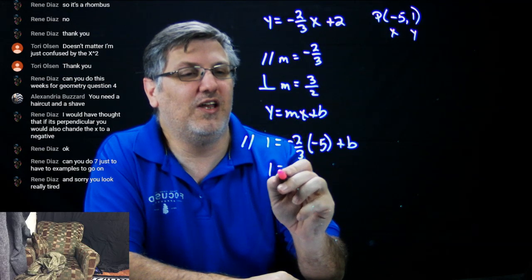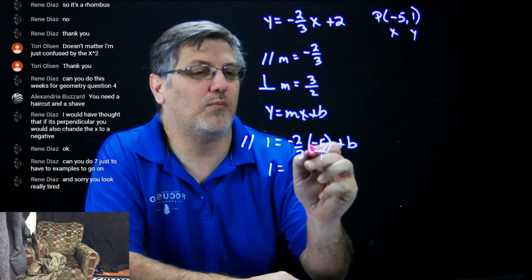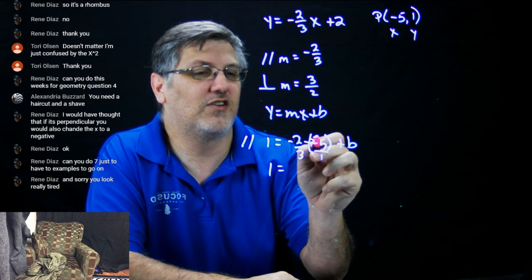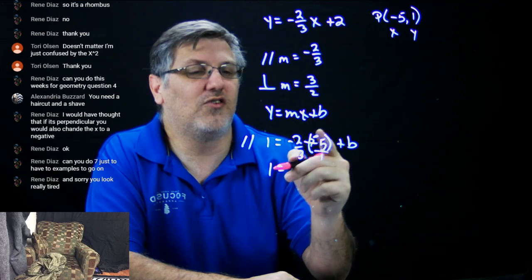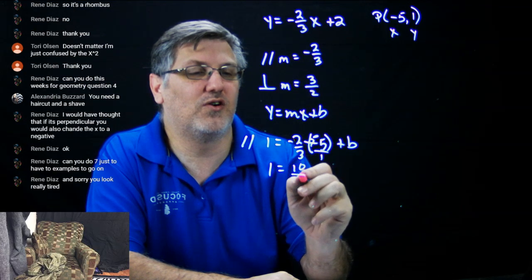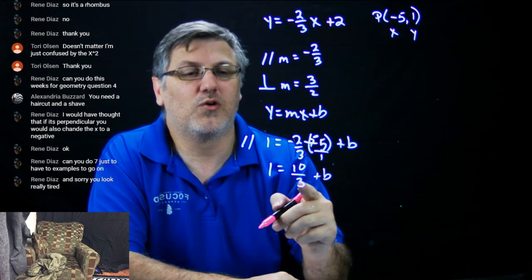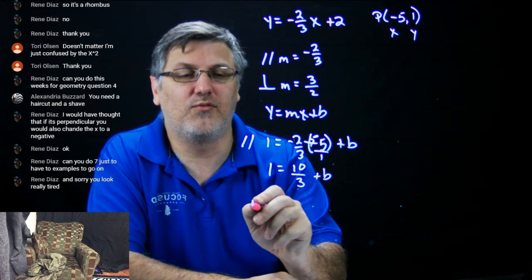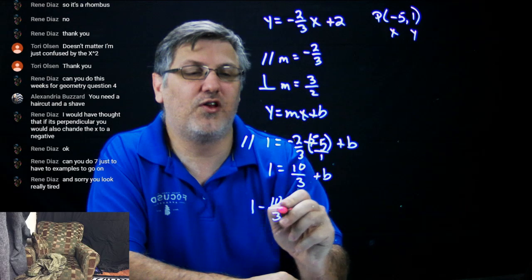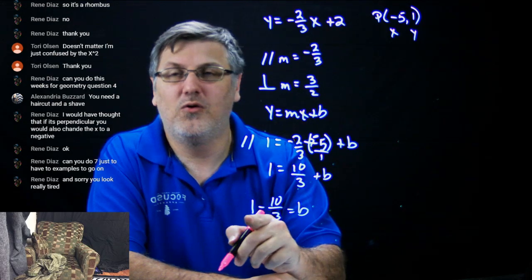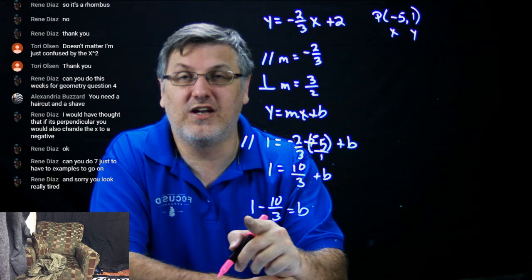So we got 1 equals, when we multiply fractions, we multiply straight across. That's still a negative. So negative 2 times negative 5 is 10 over, well, 3 times 1 is 3, plus b. We're going to subtract 10/3 from both sides. So I have 1 minus 10/3 equals b. Well, 1 is easy to turn it in to get a common denominator.